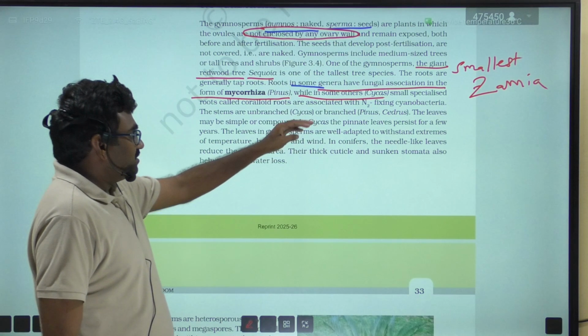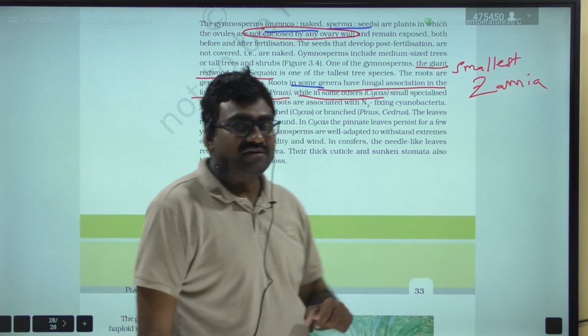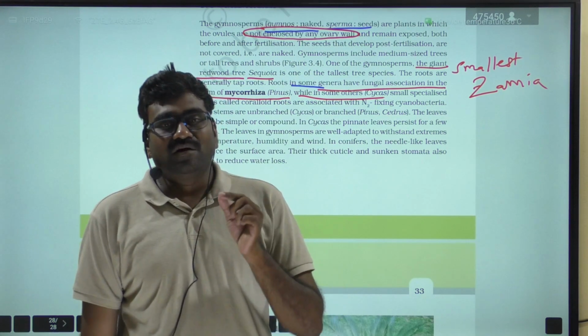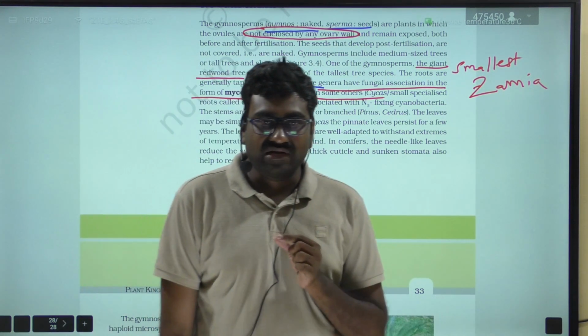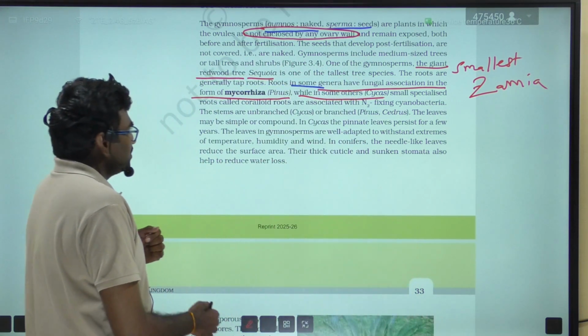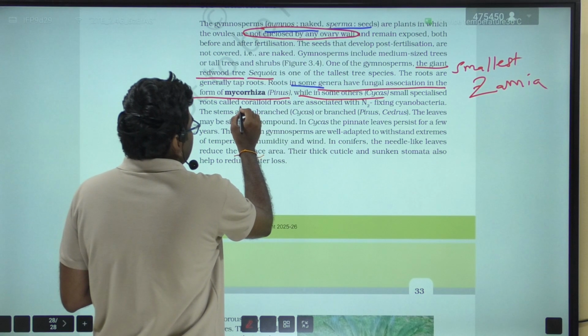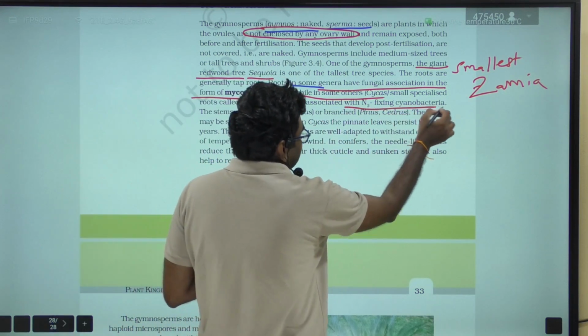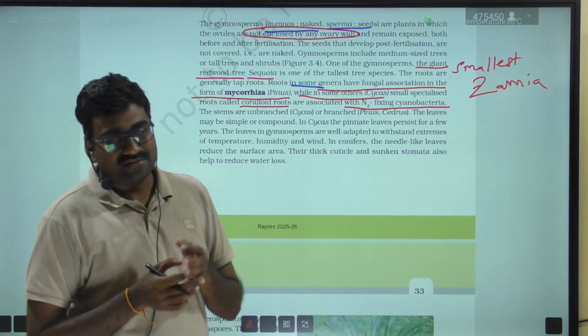While in Cycas, the plant contains small specialized roots called coralloid roots. They are associated with the nitrogen fixing cyanobacteria in Cycas.